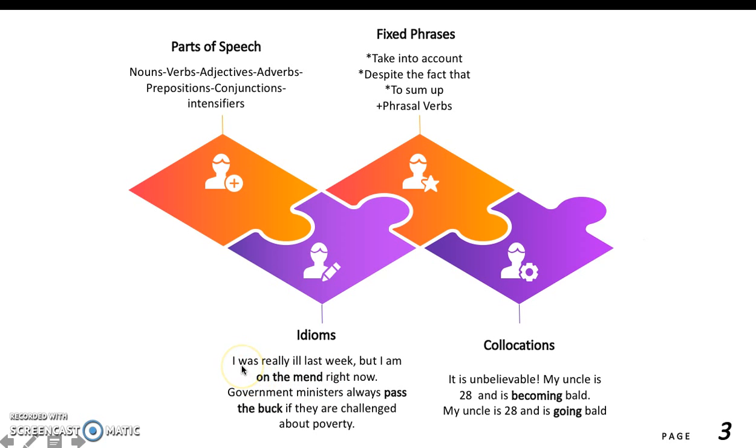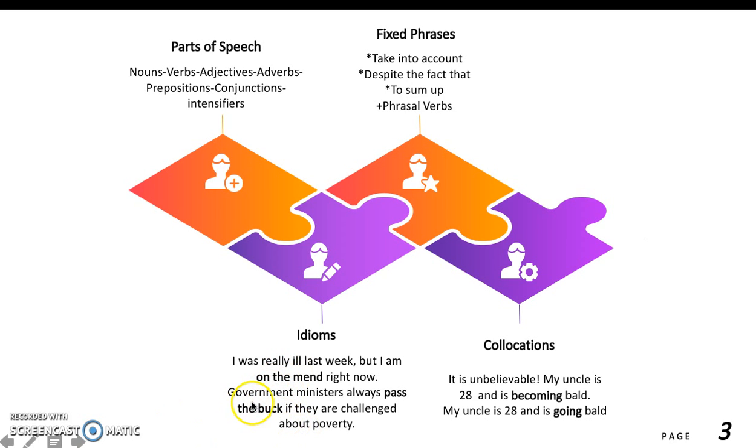For example, here we have this sentence: I was really ill last week, but I'm on the mend right now. If you take this expression isolated, it's really difficult to know the meaning. But basically, on the mend means that you are feeling better, or you are getting better when you are, for example, ill or sick.